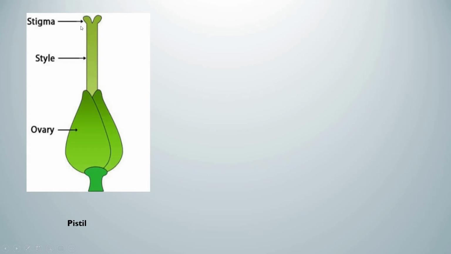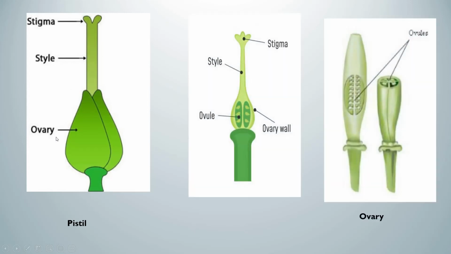This part is known as the stigma, this middle part is known as the style, and the bulging lowermost part is known as the ovary. Now, what is present inside the ovary? If we cut the ovary, we will generally observe some bead-like structures inside the ovary, and this bead-like structure is nothing but the ovule.